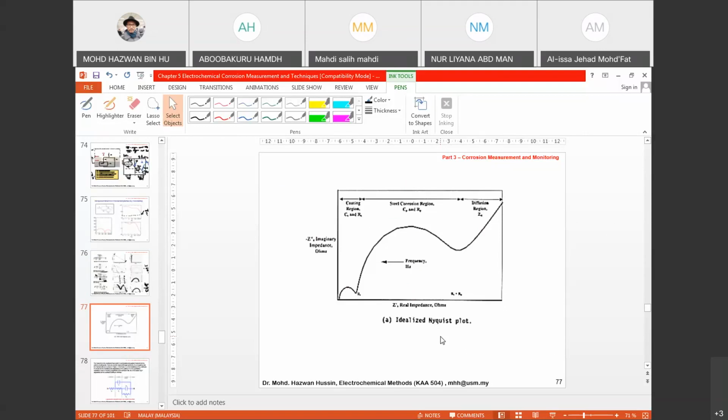Can you guys do that? Okay. So just take a piece of paper and look from here. You see how many semicircles you have and what effects you have over there.